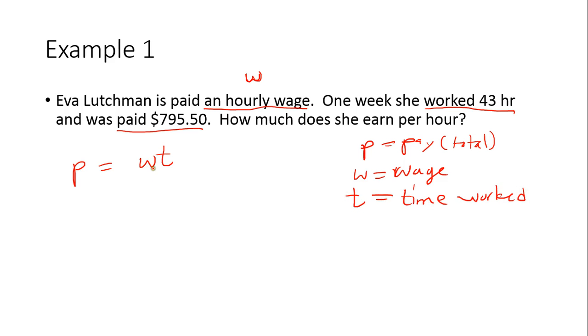So what's my constant of variation here? What varies? Your constant is going to be what doesn't vary. Your pay depends on the amount of time you work. Your wage is fixed. So this is your constant of variation.